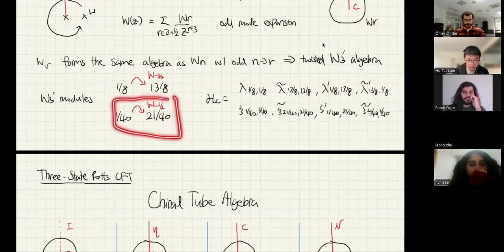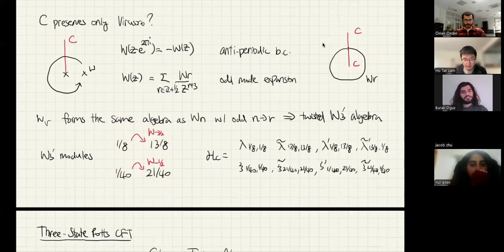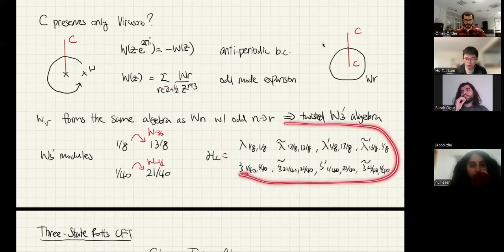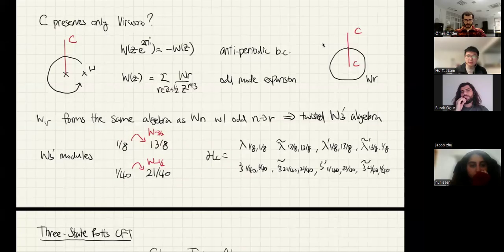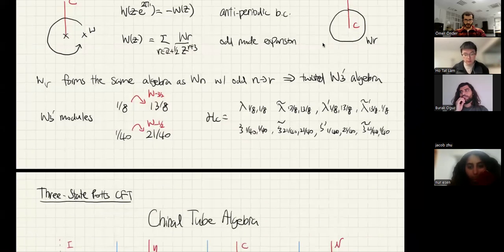So this is a W3 prime module, and this is a W3 prime module. And indeed, if you look at the defect Hilbert space of C, they are all organized according to these W3 prime modules. So this tells us that we can indeed organize the spectrum of the defect Hilbert space into chiral algebras, but now the chiral algebra is twisted.